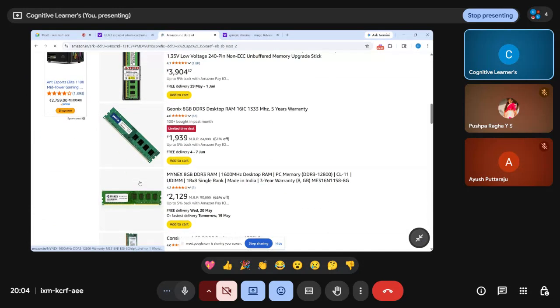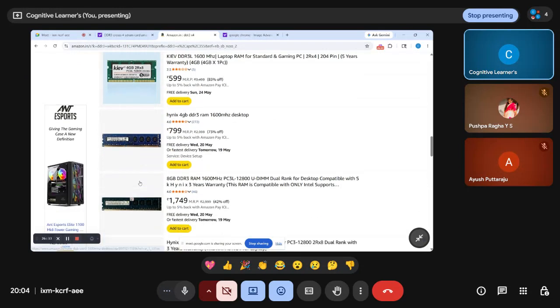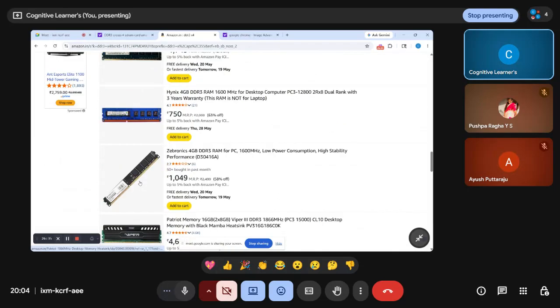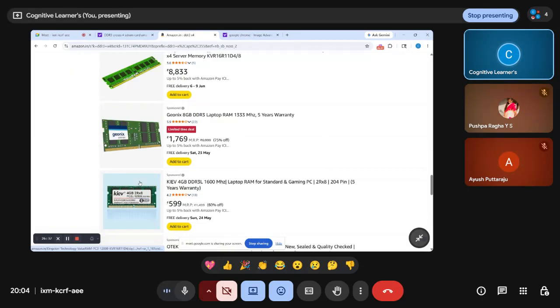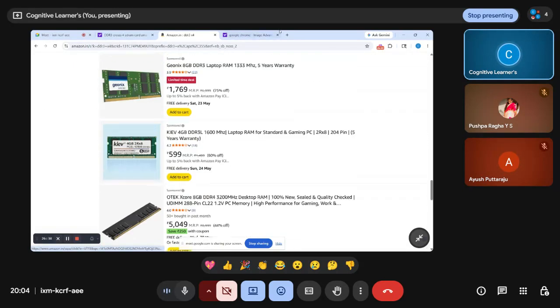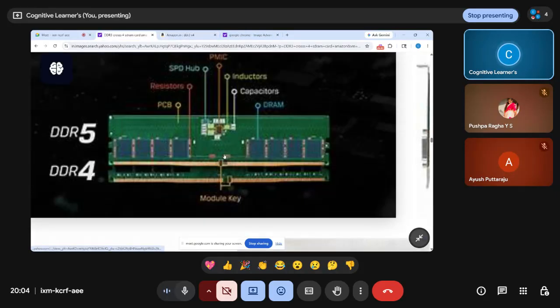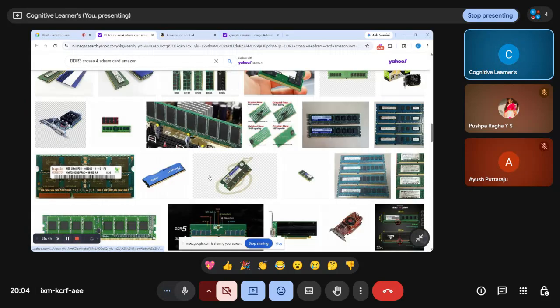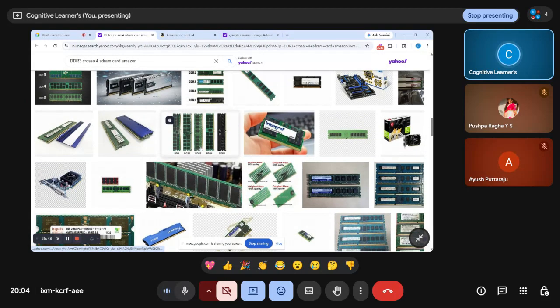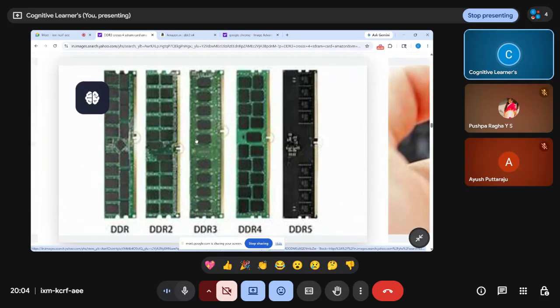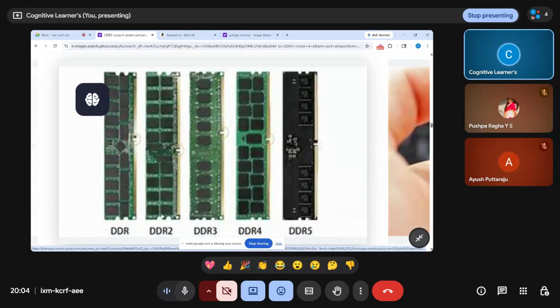Cross 4 only. Cross 8 only. Okay, don't worry. This is cross 4, because 16 chips are present. This is cross 4. This is the same.